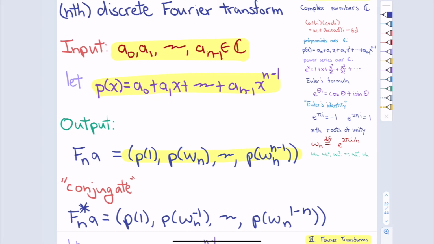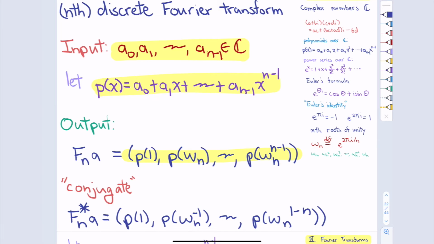So you're looking at the nth root to the -1, nth root to the -2, nth root to the -3, which is really just a rearrangement of the first Fourier transform. So if you can compute Fn, you can compute Fn star. So that's just a definition. We're just taking a polynomial and evaluating it at n particular points.